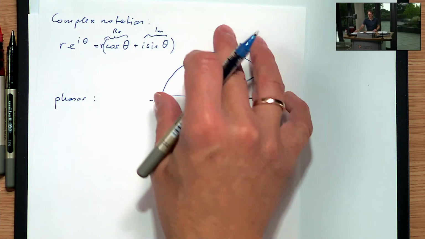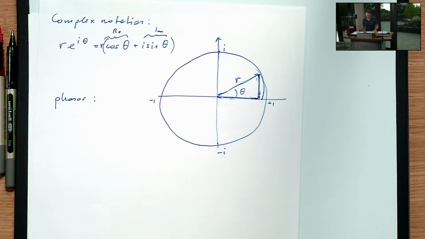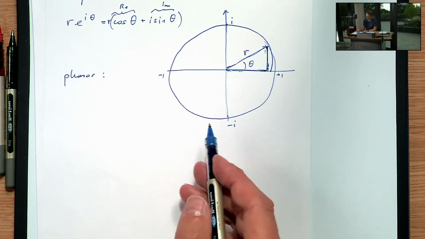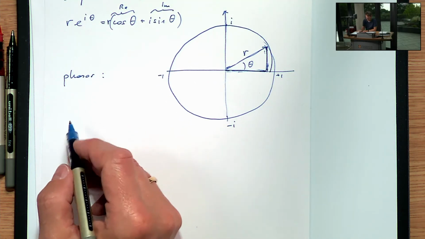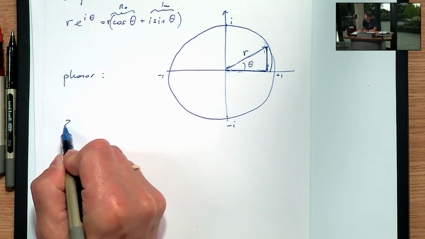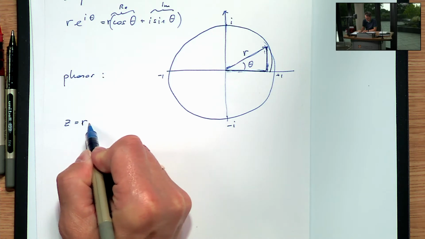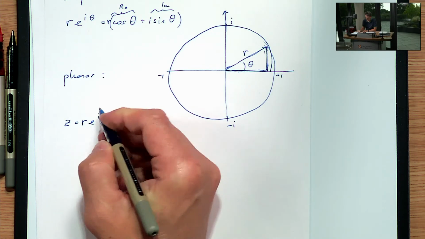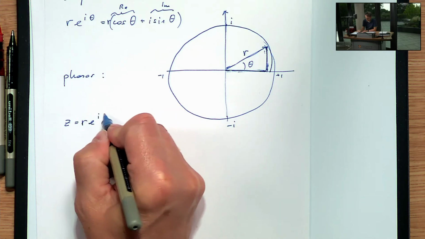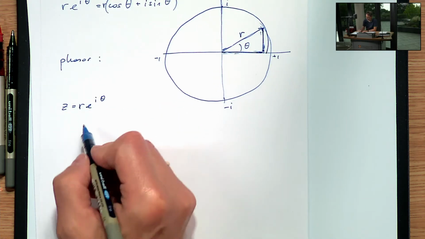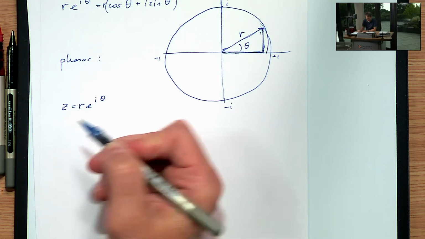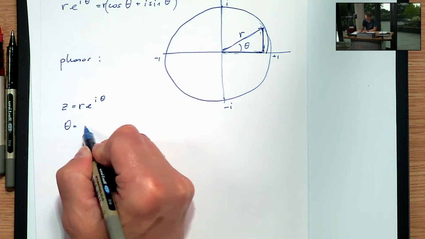So this is related, of course, to what we've just been talking about. Okay, so with that in mind, let's just look at a few important quantities. So let's suppose I have a complex number z is equal to r times e to the i, let's call this now theta, like that. Let's look at theta equals pi.